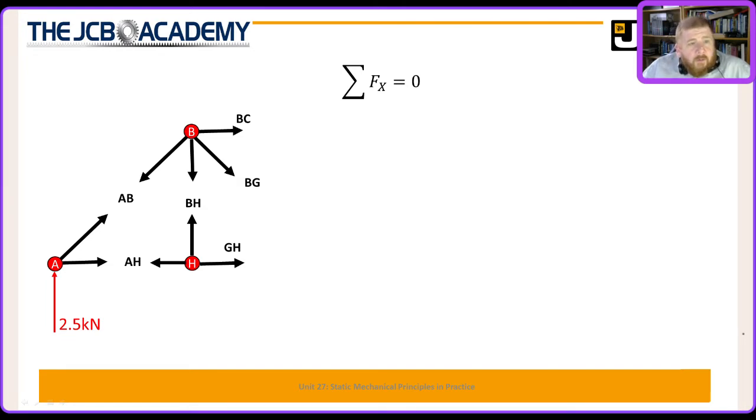And if we look in that, what we've got is BC pointing horizontally to the right, we've got GH pointing horizontally to the right, and we've got the horizontal component of BG pointing horizontally to the right. And so we can put all that into an equation: BC, horizontal component of BG, and GH, all positive, or pointing to the right.